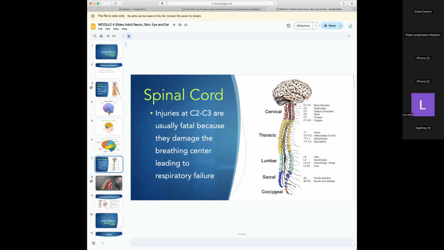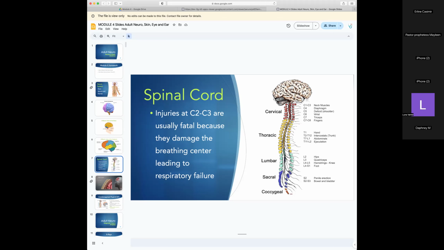So damage to the spinal cord could lead to paralysis. Damage to the spinal cord could lead to death. The higher up a spinal cord injury is, the more likely it is to be fatal. So, which one do you think would be more dangerous?